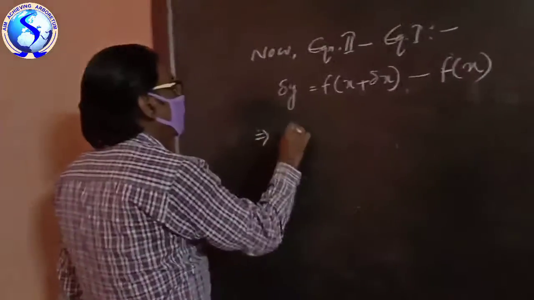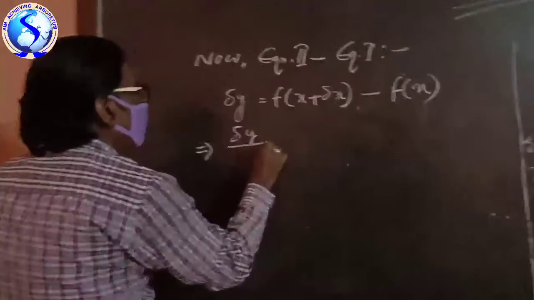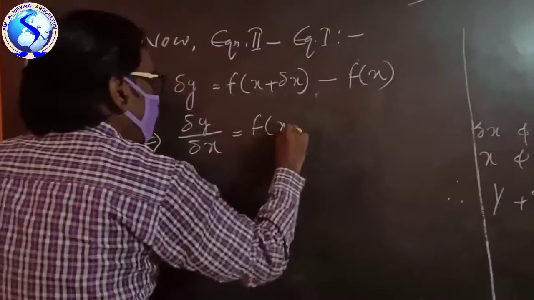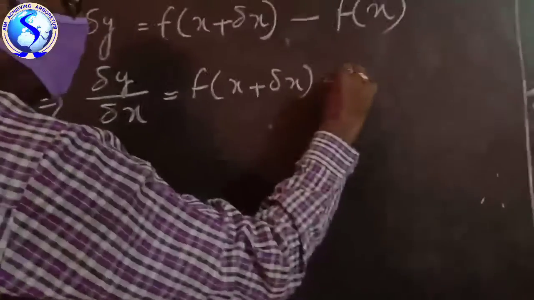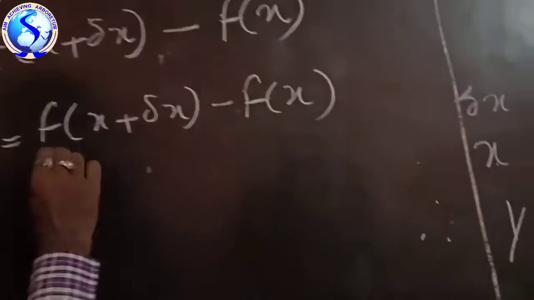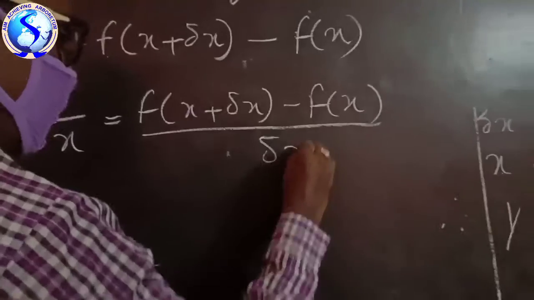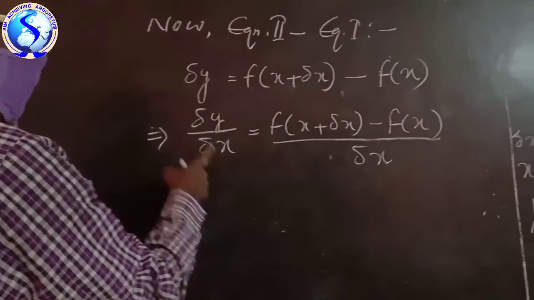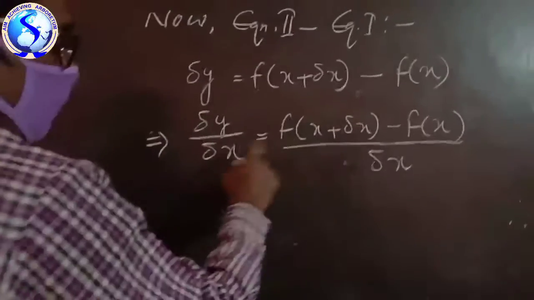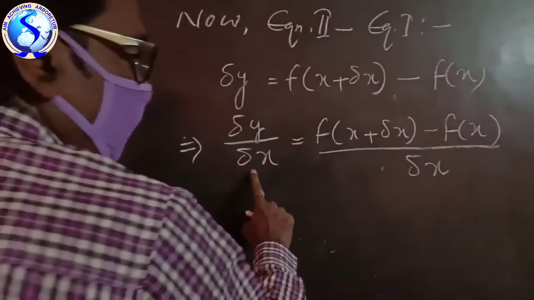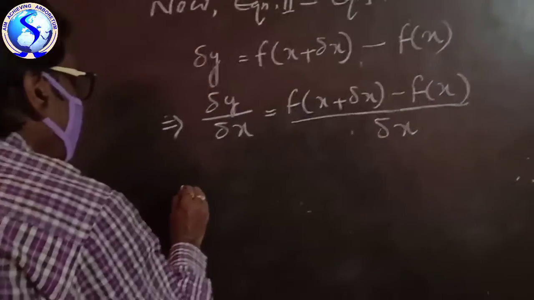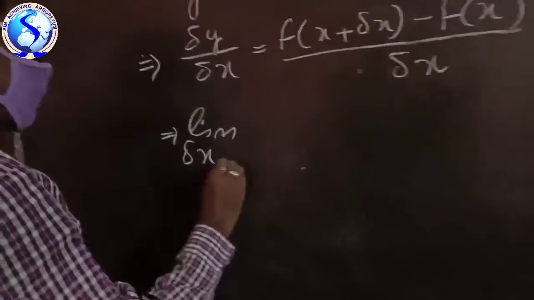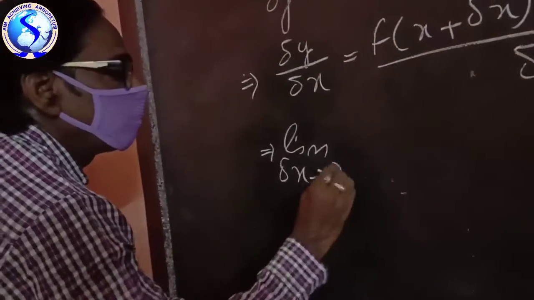Now, dividing delta x both sides. I have divided by delta x both the left hand side as well as the right hand side. Now taking limit delta x tends to 0.